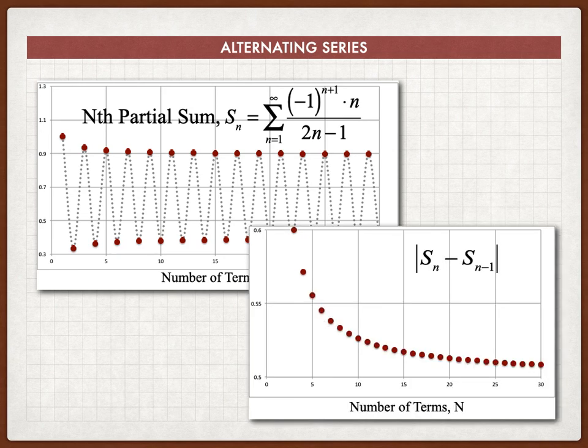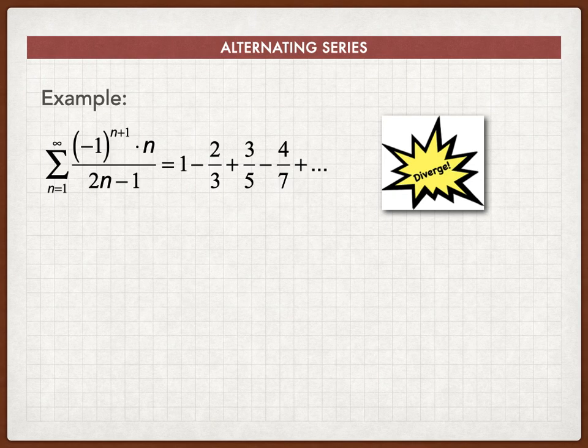How about a graph of the difference between S sub n and the previous sum, S sub n minus 1? Absolute value, of course. The difference is headed toward 1/2. First order of business. We can say this alternating series oscillates between two different values, and so diverges.